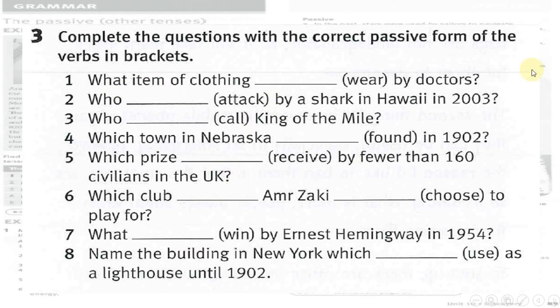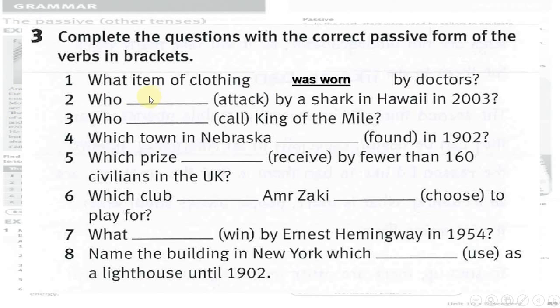Let's go with unit 1. If you remember, this was about judging people by appearance. This question is related to the first unit. What item of clothing was worn by doctors? What did the doctors wear at that time, the white coat, if you remember.